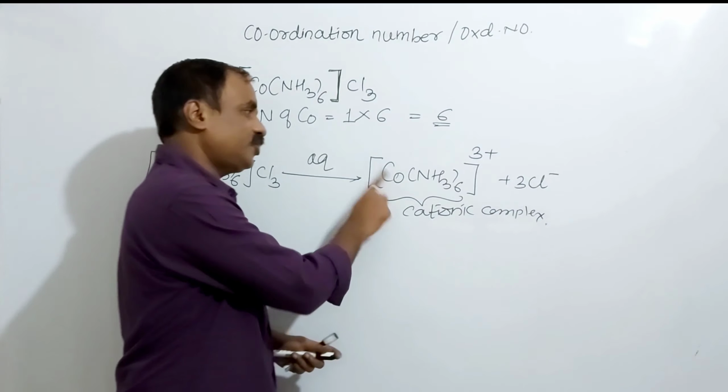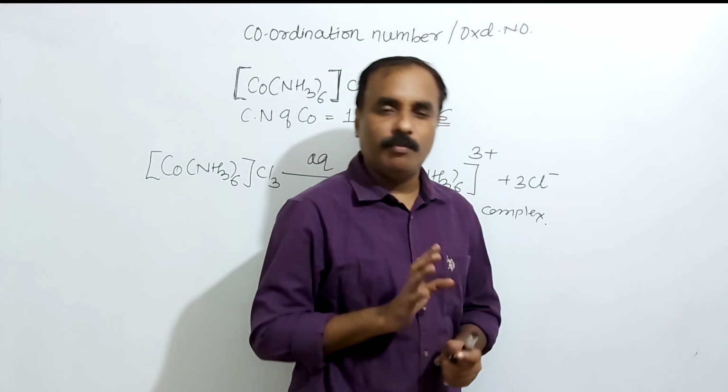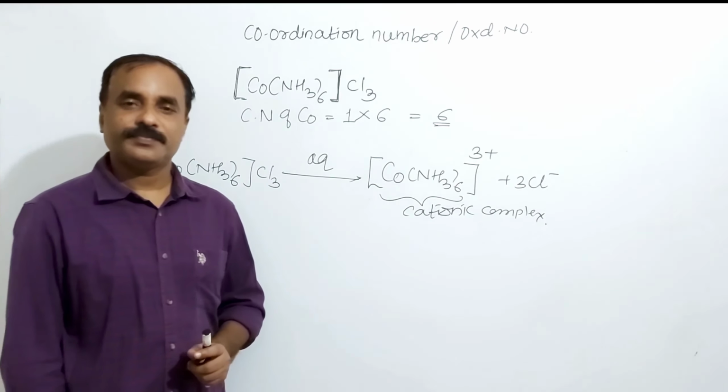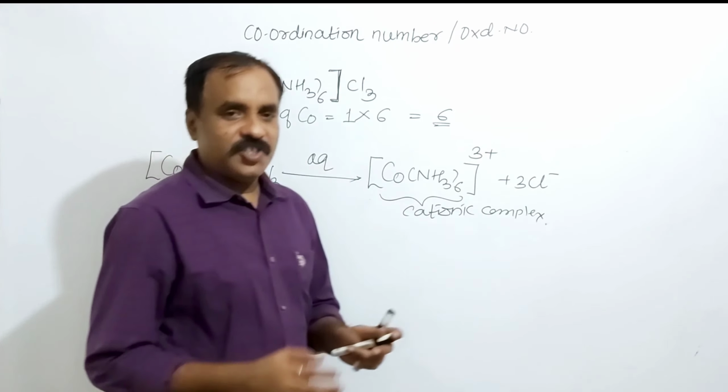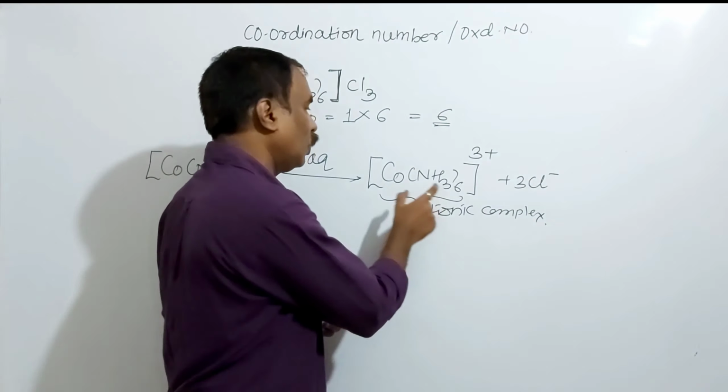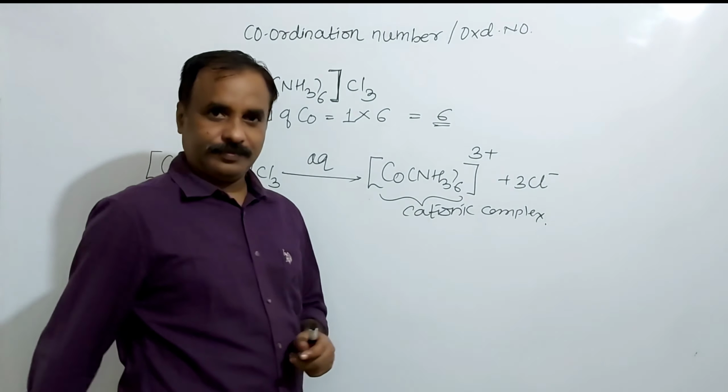No doubt the coordination number is 6, but what is the oxidation number? Remember, the addition of oxidation numbers of each and every species is equal to the total charge on this bracket.